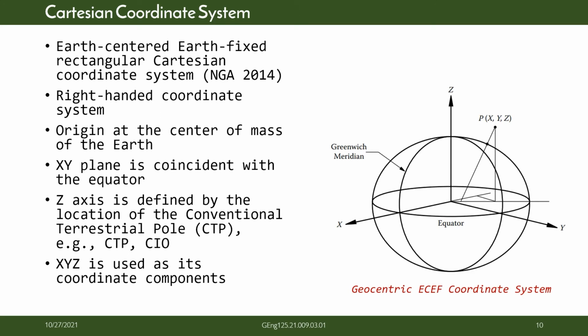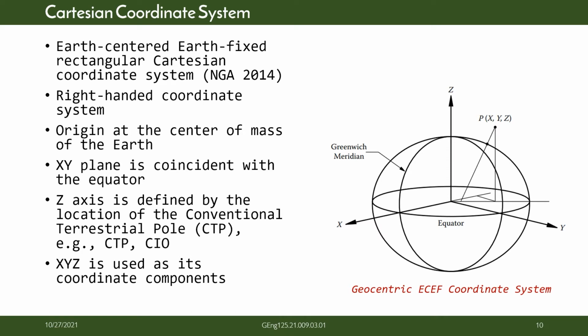So first, we have the Cartesian coordinate system. Its properties: it's a rectilinear type of coordinate system in 3D space.